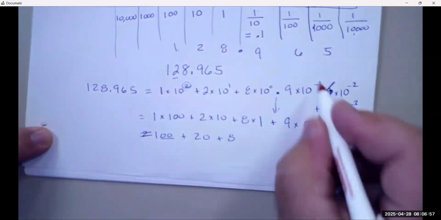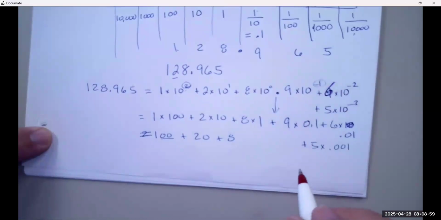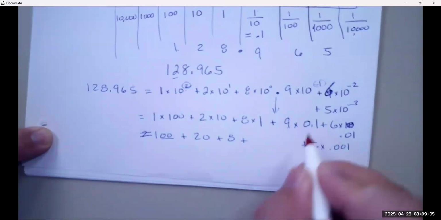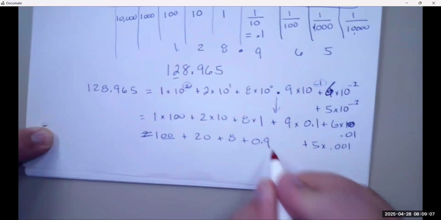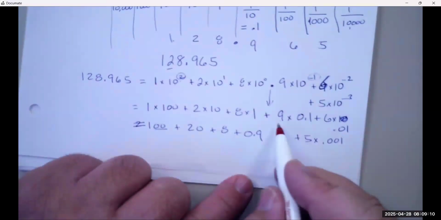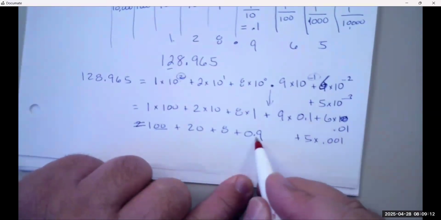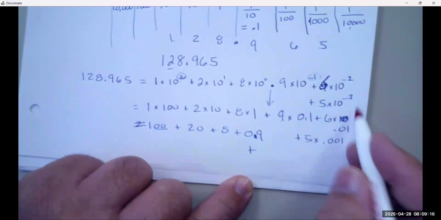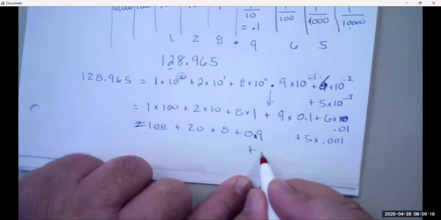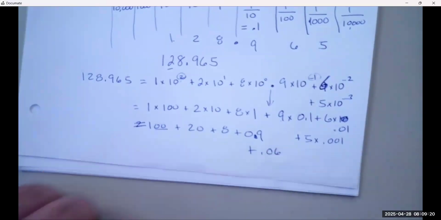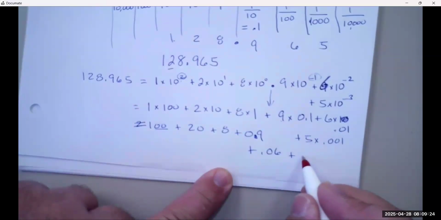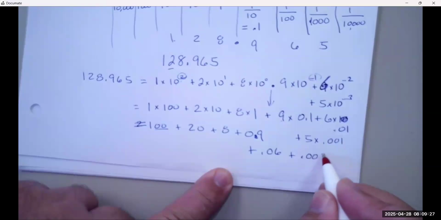But when you have a negative exponent, you move to the left. So 9 times 0.1 is 0.9. It used to be 9.0, now it's 0.9. 6 times 0.01 is 0.06. 5 times 0.001 is 0.005.